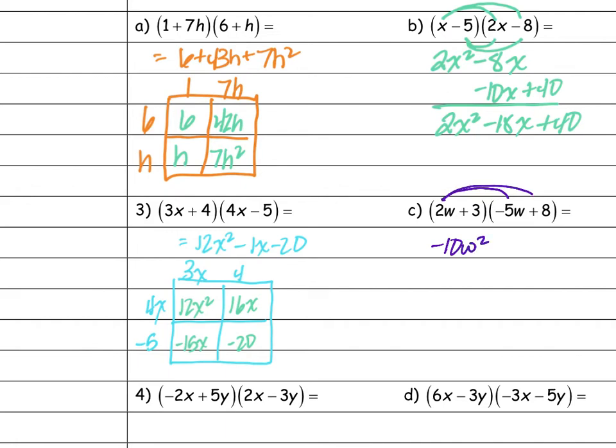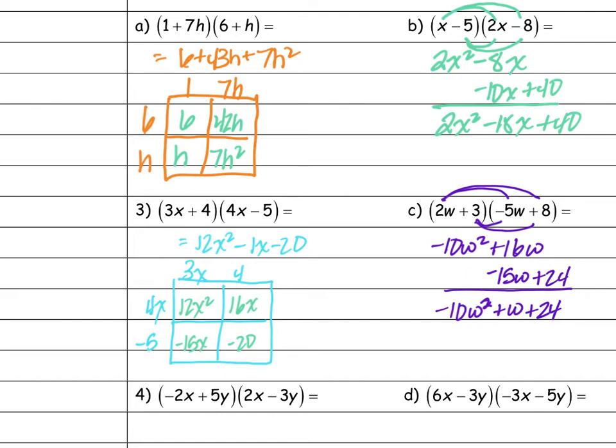And 2W times 8 is 16W. 3 times negative 5W is negative 15W. And 3 times 8 is 24. So I should get negative 10W squared plus W plus 24. Done.